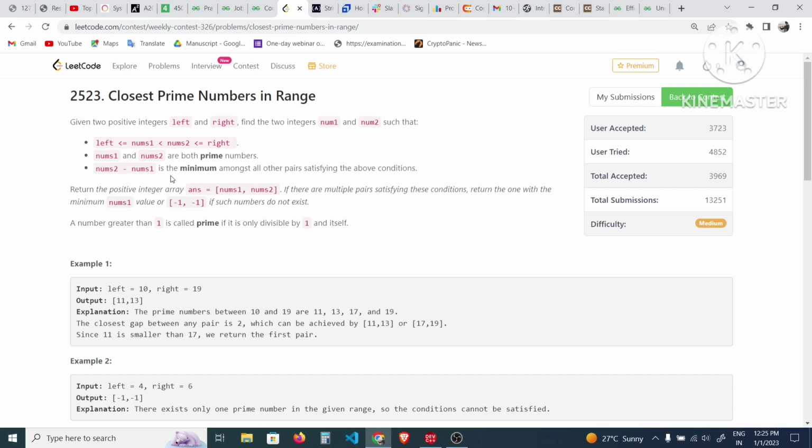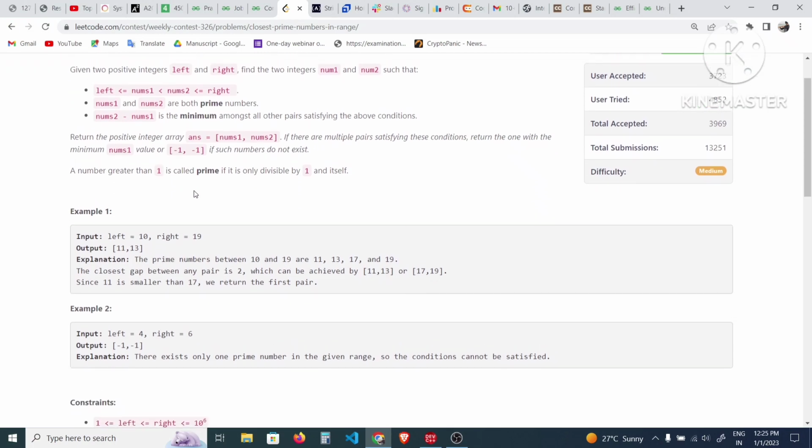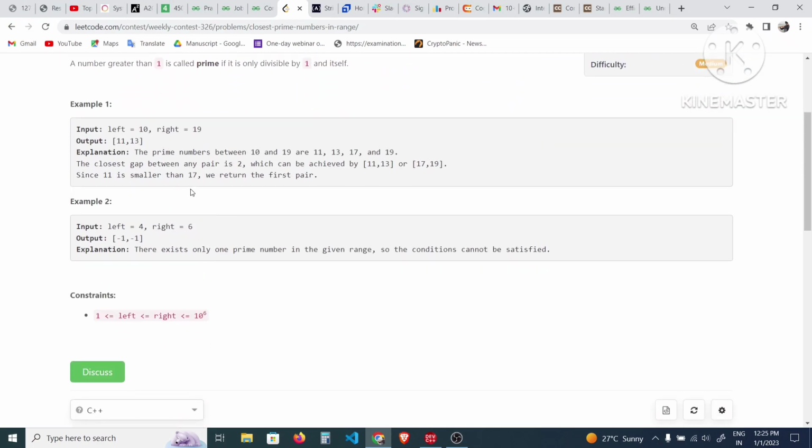And if you are getting more than one pair of this kind of numbers, num1 and num2, then you have to print the pair which has the smallest num1. Okay, so this is the question, and you can see from the example, like 10 and 19.